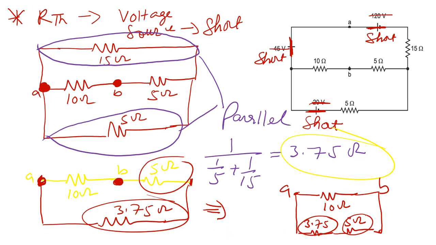So if I calculate the resistance between A and B, this RAB is equal to 1 over 1 over 10 plus 1 over the sum of this and this, which is 8.75.